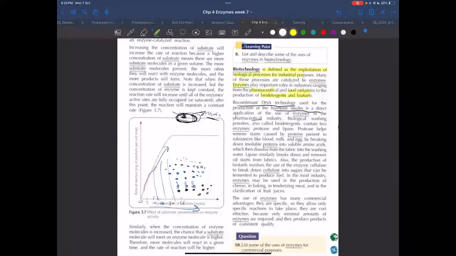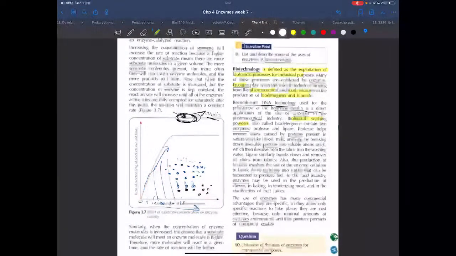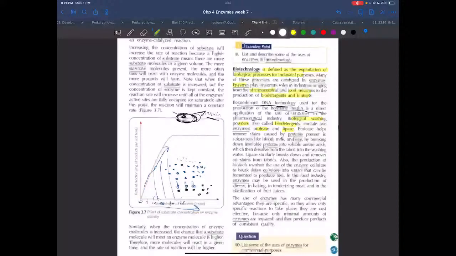And also here, biological washing powders, also biodetergents, contain two enzymes, protease and lipase. Who's gonna tell me what protease breaks down and what lipase breaks down in the chat?